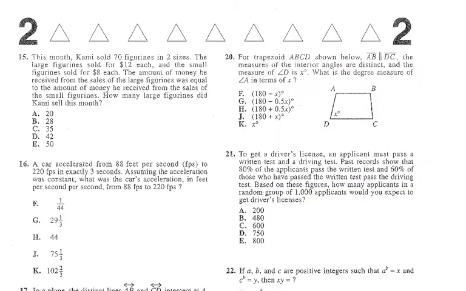For number 15, the easy way is to check the answers. We suppose this multiple choice is the large one. Then how many will be the small one? Altogether it's 70. So use 70 minus each of these multiple choices. You will get 50, 42, 35, 28, and 20 respectively.